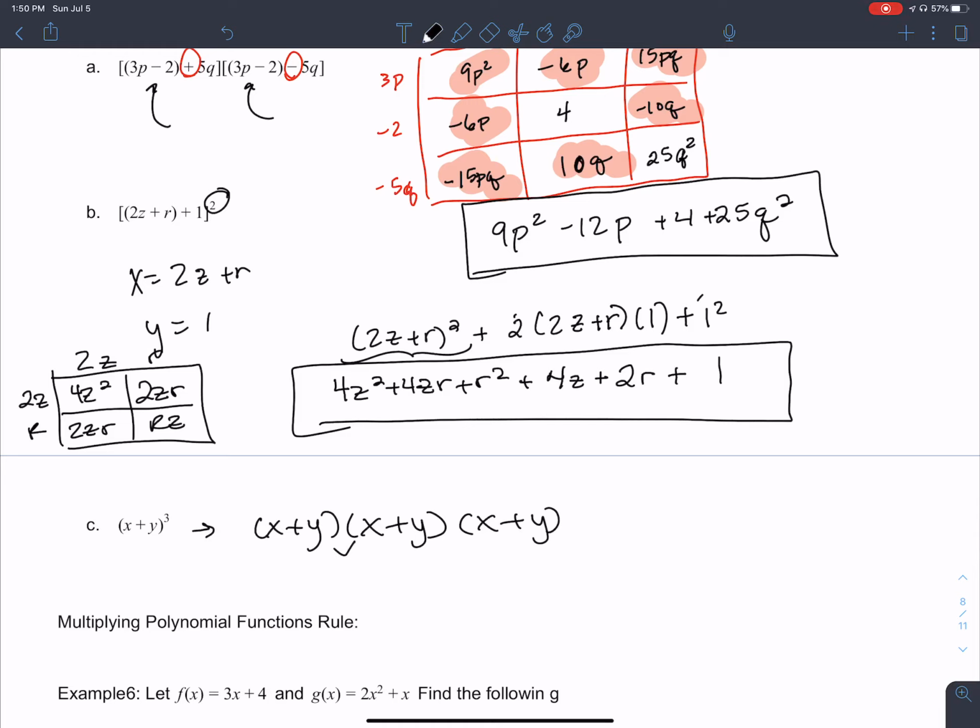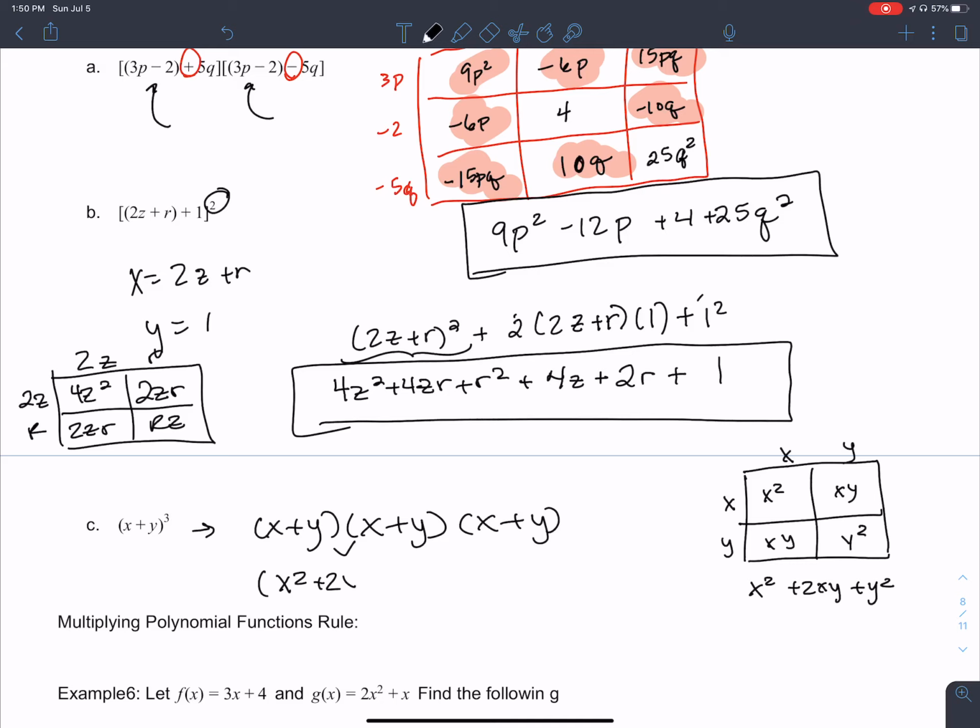So we're going to FOIL those. x plus y times x plus y: x squared, xy, xy, y squared. So x squared plus 2xy plus y squared. Then we're going to do x plus y times that.